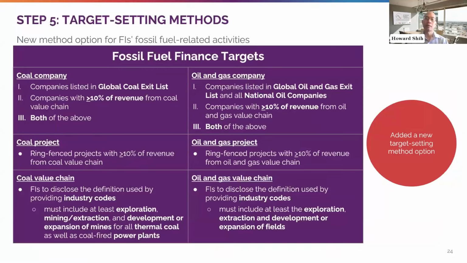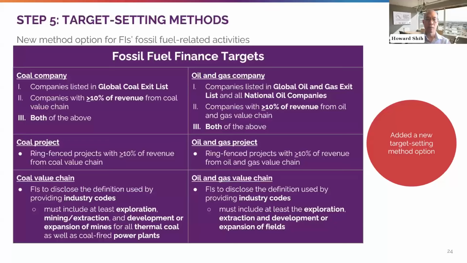And this involves 4 key things, and that's the disclosure, halt, transition, and phase out of fossil fuel related activities. And just to be clear, FIs must set targets on the fossil fuel sector. And what is optional here is which method you decide to use to cover the fossil fuel sector. So this is a new option that you can use now.